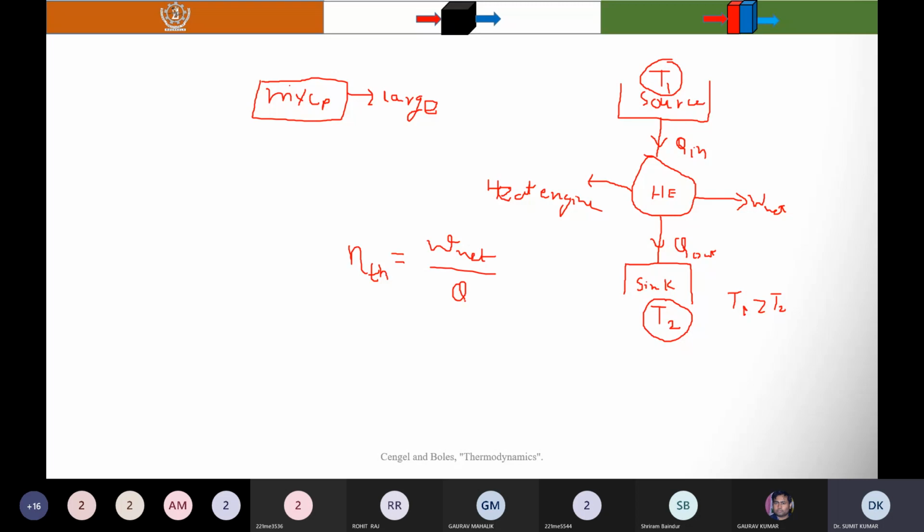So this one is valid for any system, because W net is for a cyclic device.